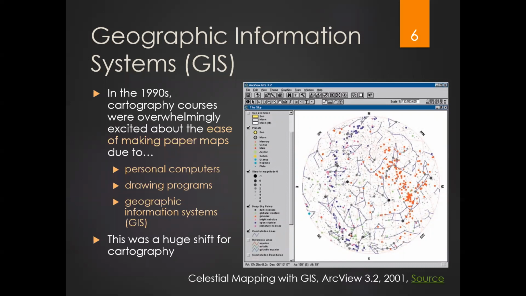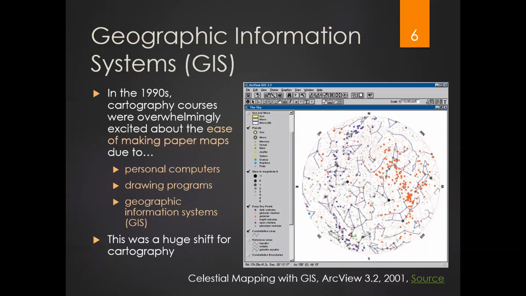It happened in 1990s, and people were excited about making maps using personal computers, right? And you can just use a software to draw maps instead of using pencils and papers, right? So this was a huge shift for cartography because we do not need to draw hard copy maps anymore.